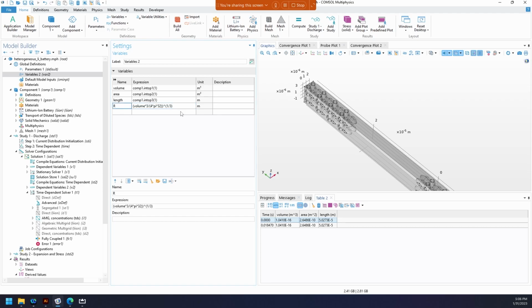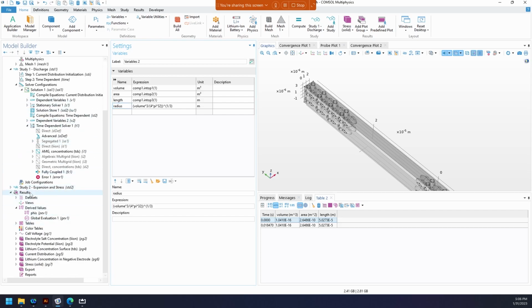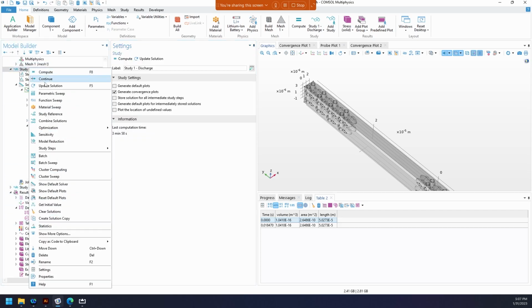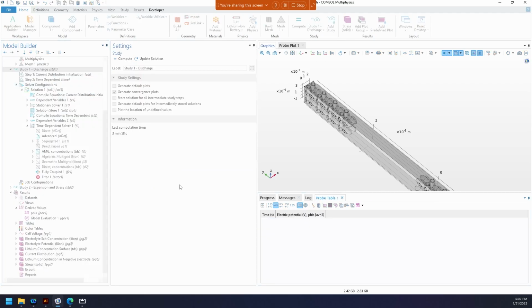Okay, so this is going to give us the radius. So rather than using this, just compute the solution again.